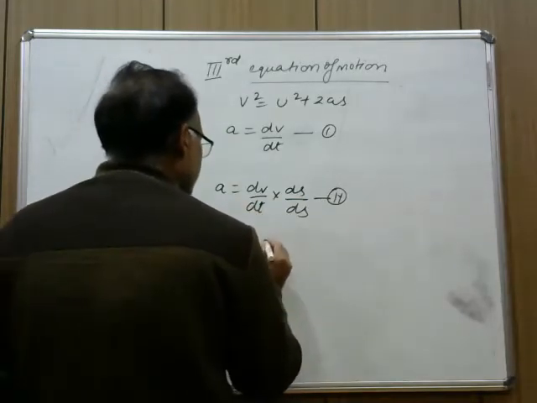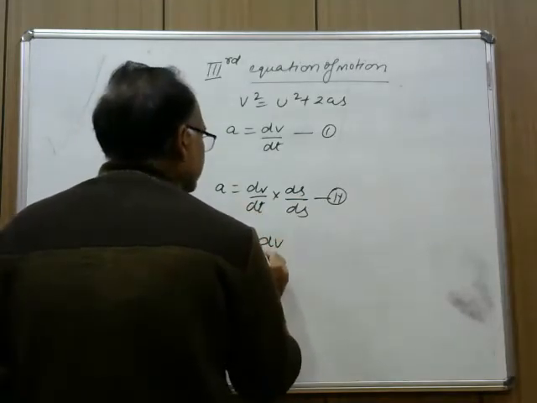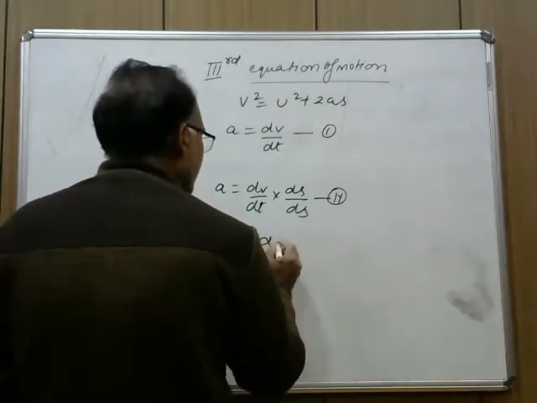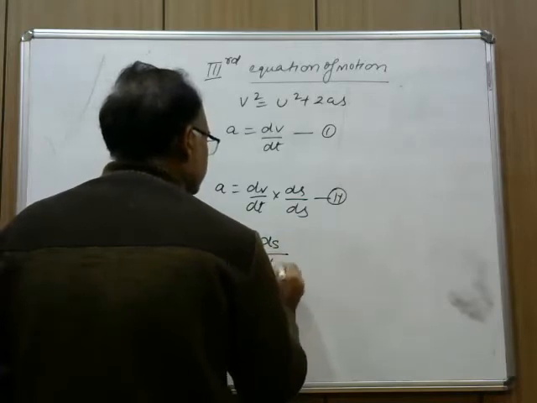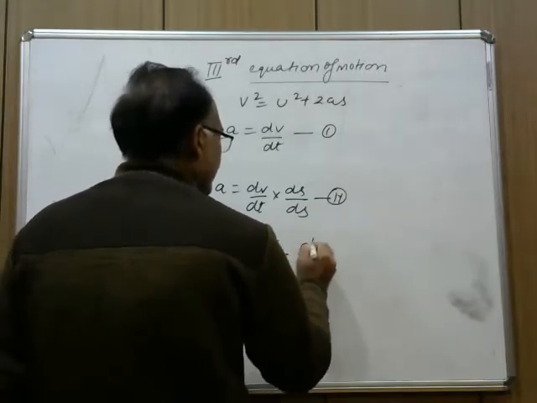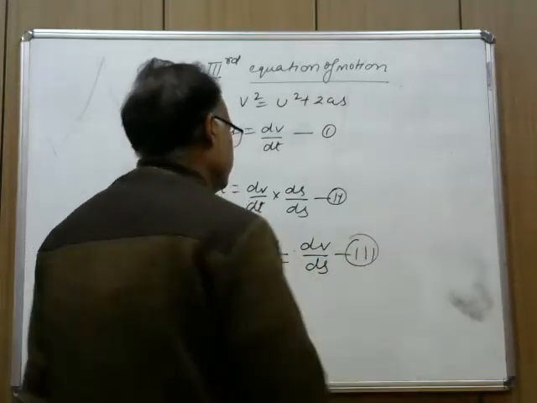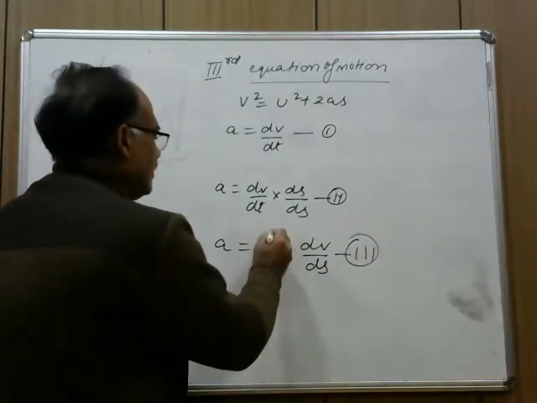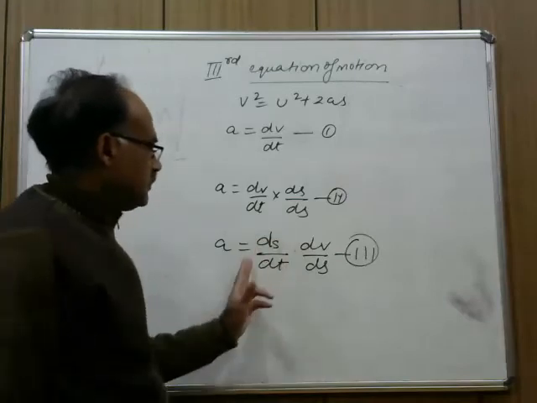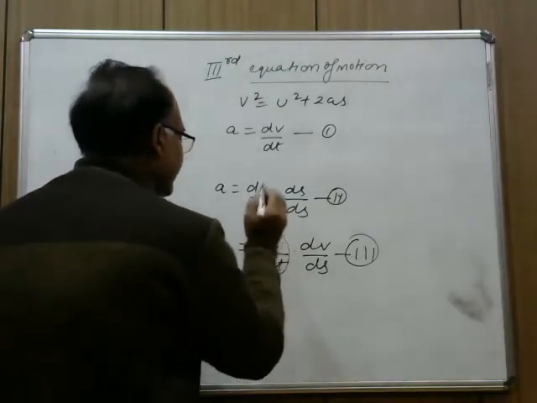A is equal to ds by dt into dv by ds. This is equation 3. हमने rearrange कर लिया. And ds by dt gives what?